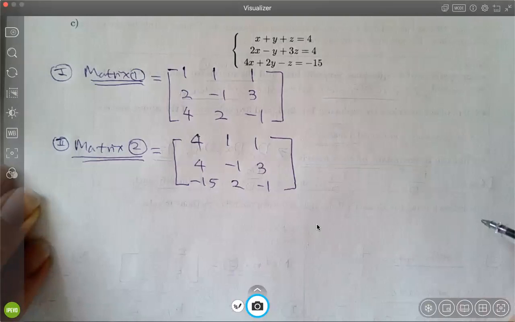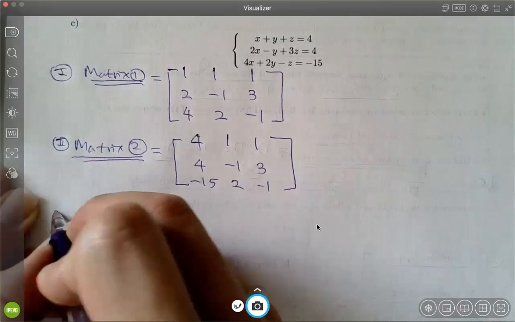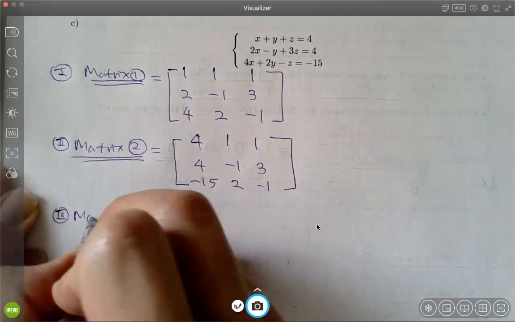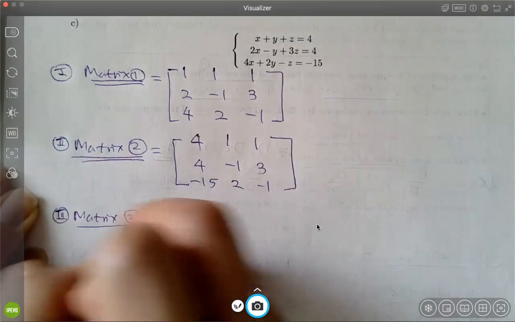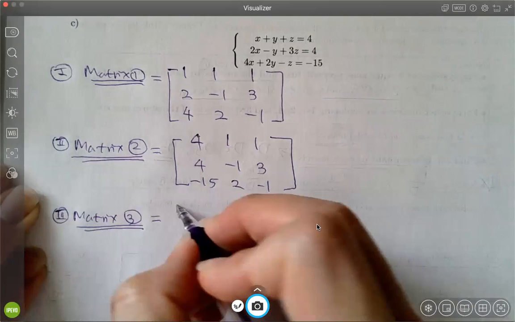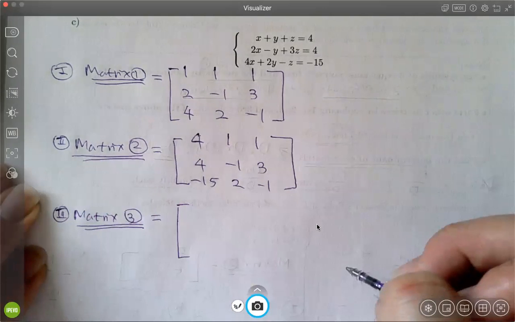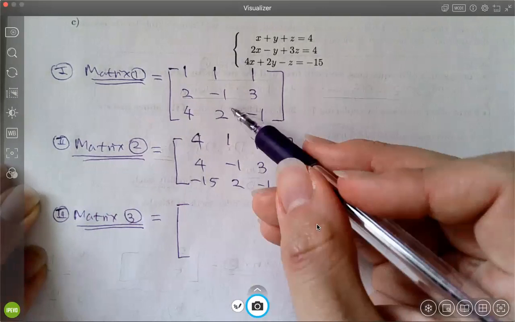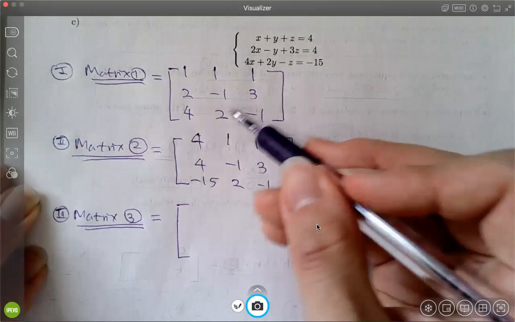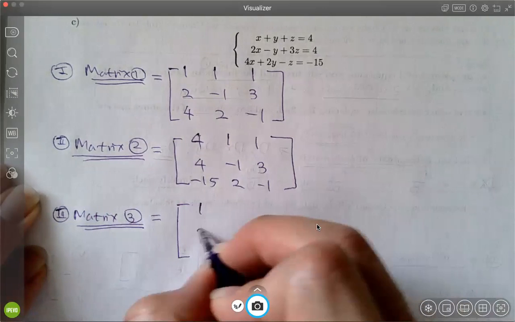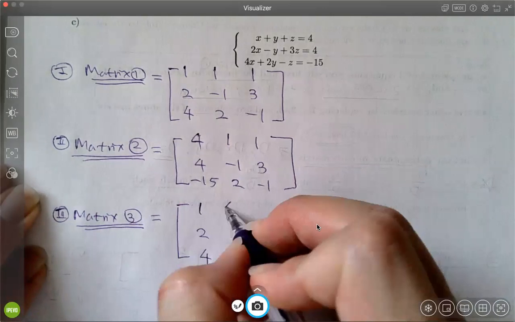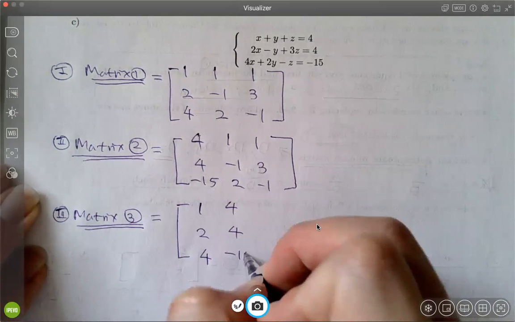And then matrix number 3. Replace the second column of the mother matrix, matrix 1, by 4, 4, negative 15. So that means 1, 2, 4, 4, 4, negative 15, and then 1, 3, negative 1.